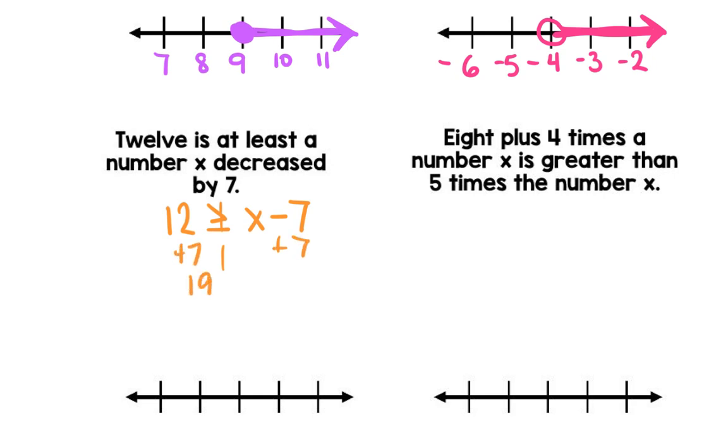This is going to give me 19 is greater than or equal to x. For ease of graphing, I am going to rewrite this as x is less than or equal to 19. 19 goes in the center of my number line. This is a closed circle, and we are going to shade to the left-hand or the less than side here.